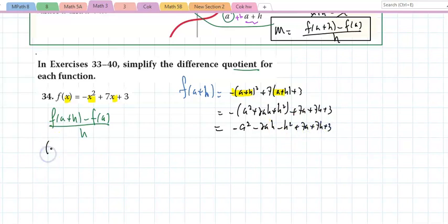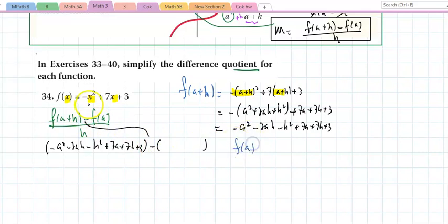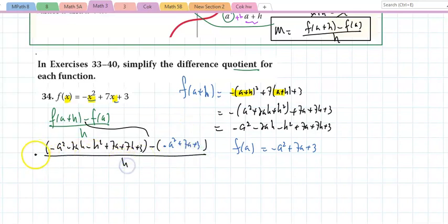If I replace this by it, minus f of a. What is f of a? Well, f of a, replace x by a, is negative a squared plus 7a plus 3, all over h.